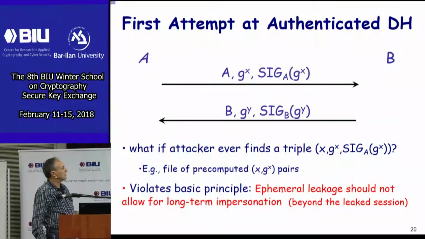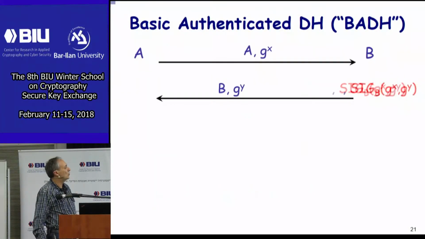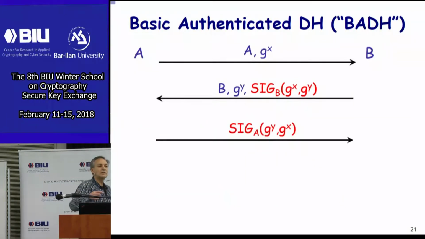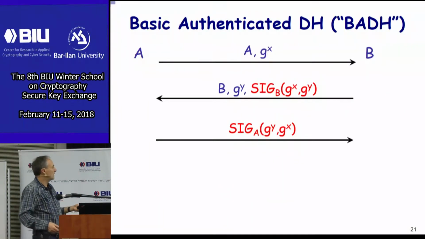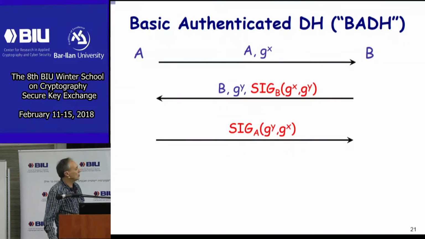Replaying it without knowing X did not help the attacker, but if he knew X, it helped. Now, both signatures include also the ephemeral session-specific Diffie-Hellman value generated by the peer. Okay, so now, even if the attacker finds X, the signature it will need to send here is not only on G to the X, it's also on G to the Y. Therefore, that attack is prevented.